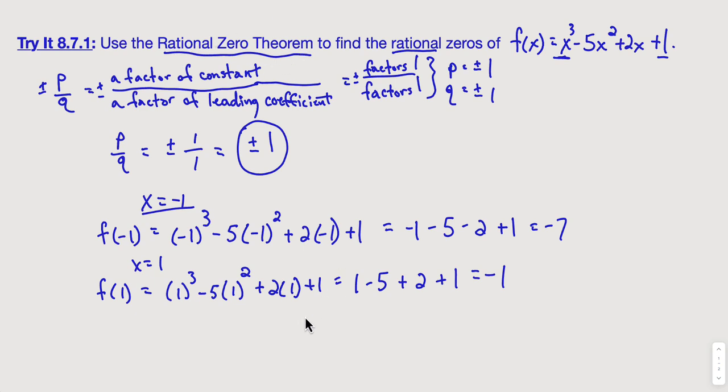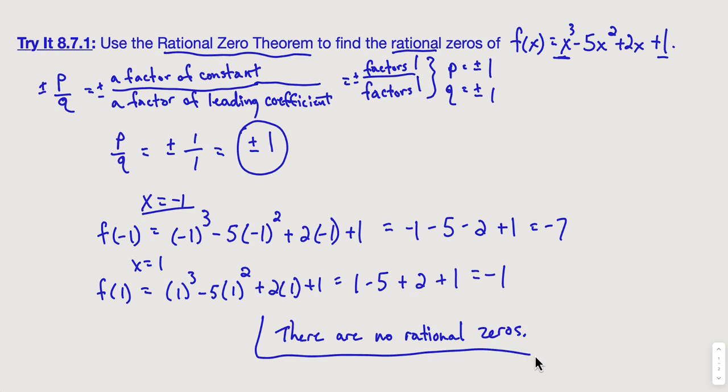So what this means is that there are no rational zeros. So any zeros for the function f of x equals x cubed minus 5x squared plus 2x plus 1 are going to be irrational or part of the complex number system.